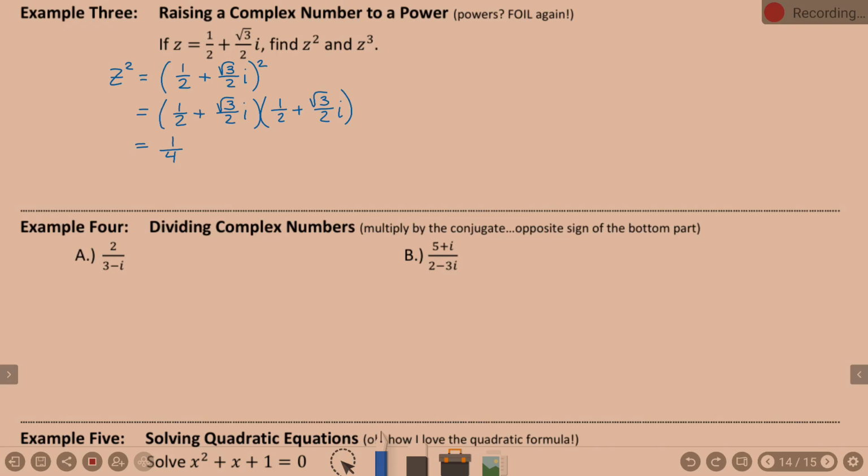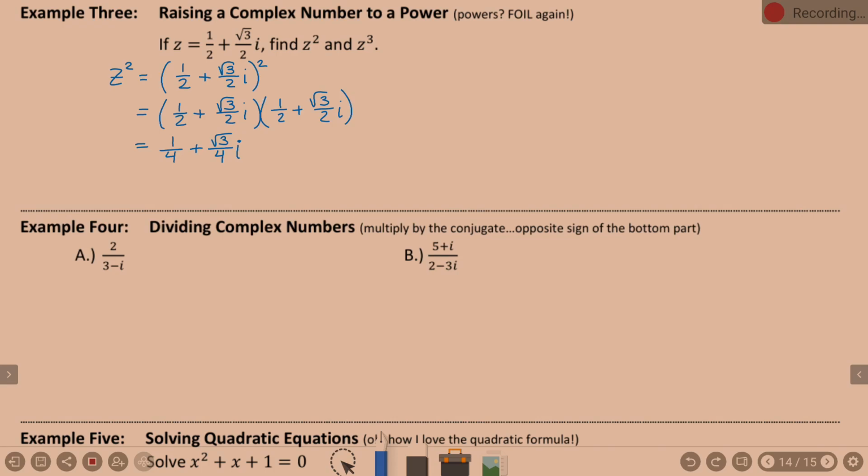Outsides, 1/2 times square root of 3 over 2i. Just multiply fractions. It should be square root of 3 over 4. If you're multiplying the fraction, 1/2 times square root of 3 over 2, so 1 times square root of 3, 2 times 2 is 4, and it was a regular fraction times an i fraction, so an i.